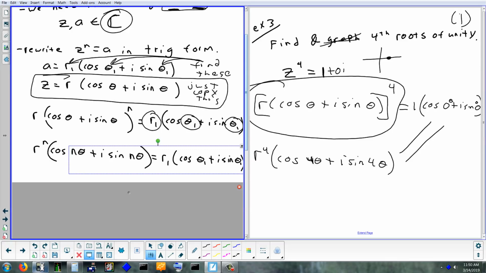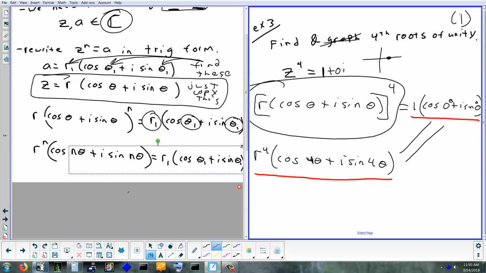Now we've set up everything we need to. We can find the radius, and then we can get the angle. Here's your left side, there's your right side. Is it okay like that? All right.